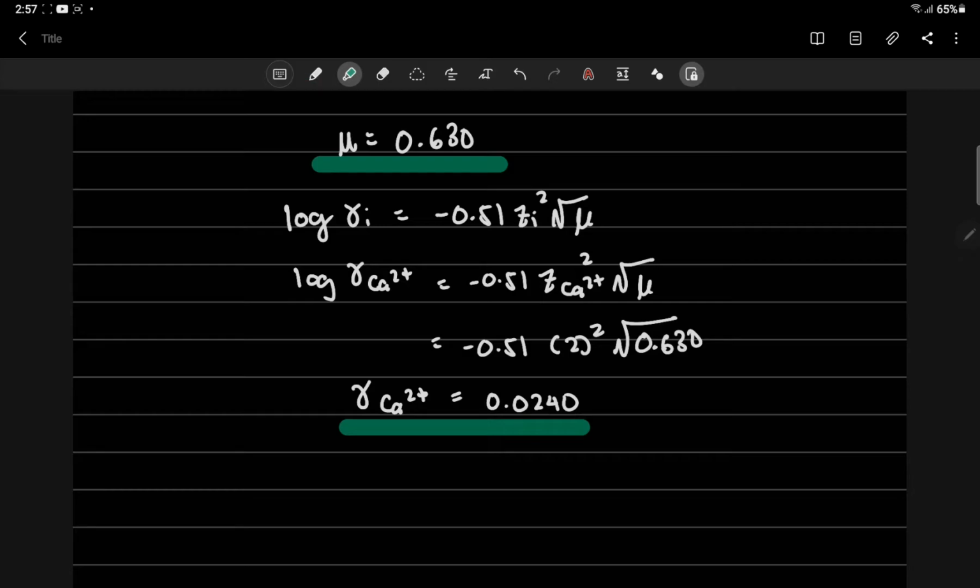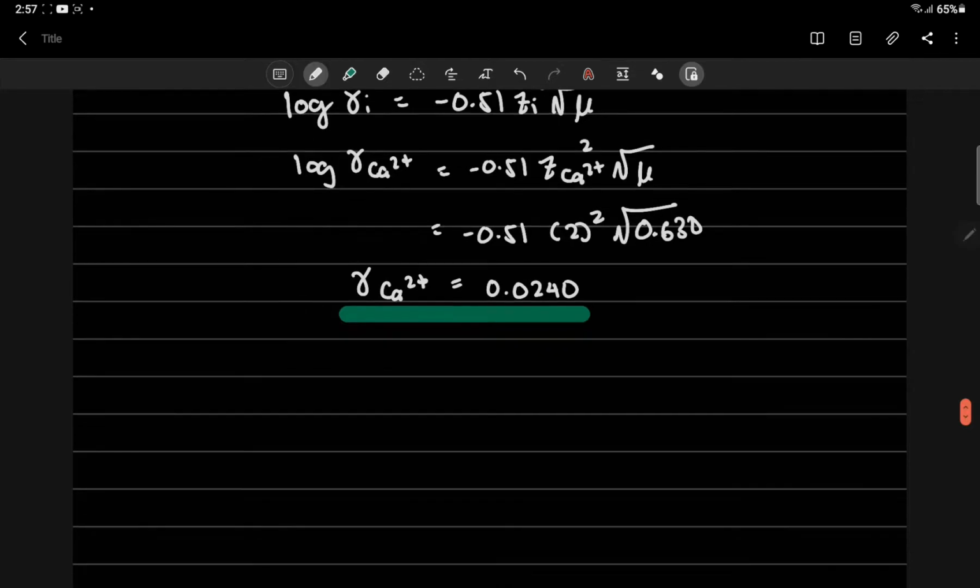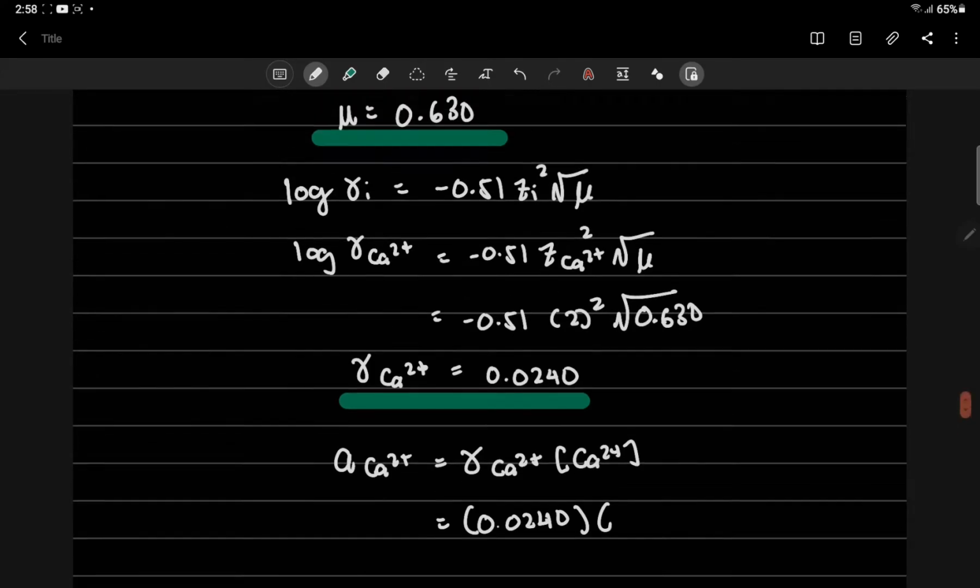Alright, so we have now the activity coefficient. So, finally, we will be able to compute for the activity of the calcium ion. So, again, equal siya sa activity coefficient of the ion times the concentration of the ion. So, the activity coefficient is 0.0240, gaya na na-compute natin. And the concentration of calcium ion, kukunin nyo yan doon sa table kanina.